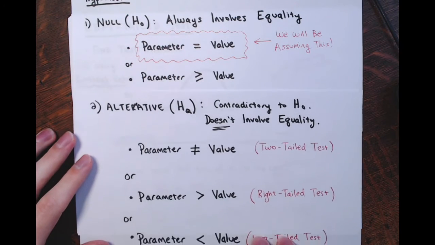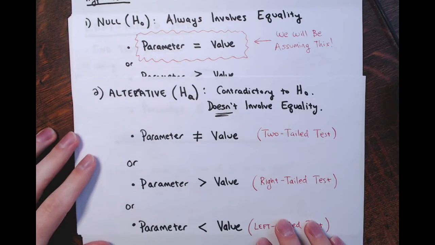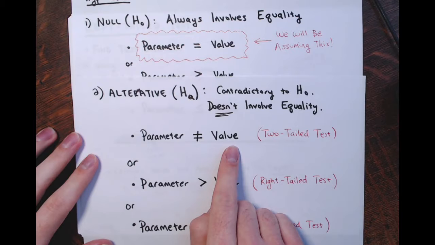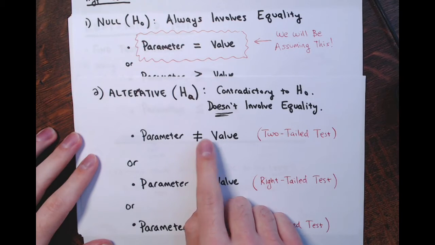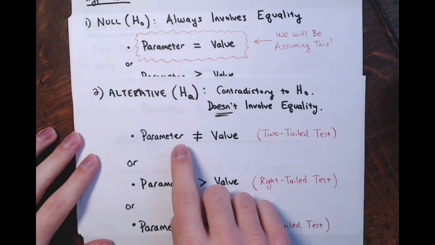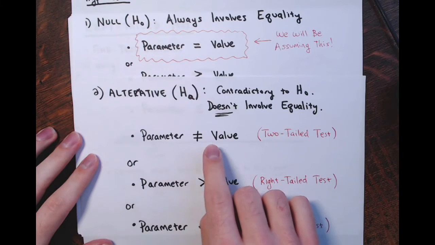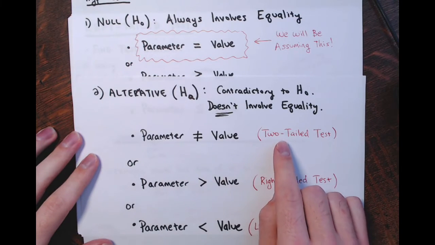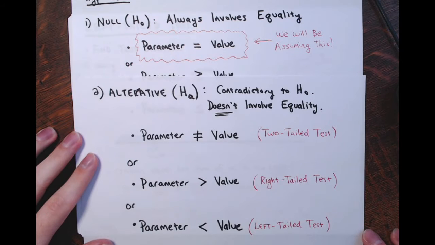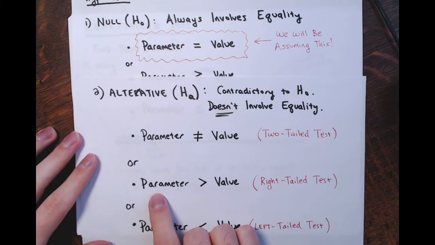So the alternative hypothesis could look like one of the following: either that the parameter is not equal to some value. Being not equal means you can be on either side. And if the alternative hypothesis looks like this, then you're performing what's called a two-tailed test, because you can be on either side of the specified value, right or left.